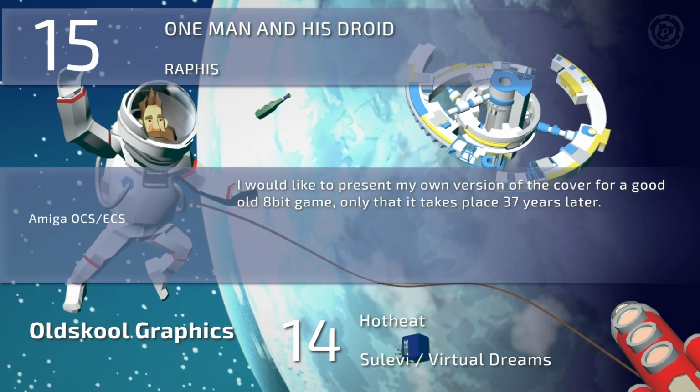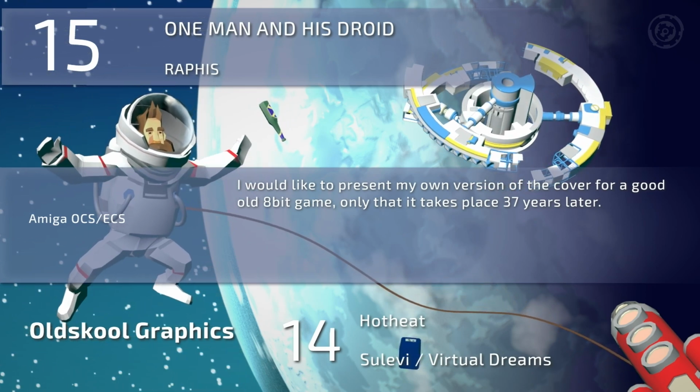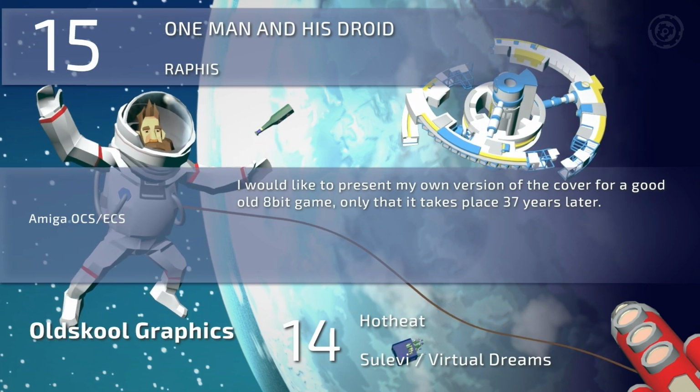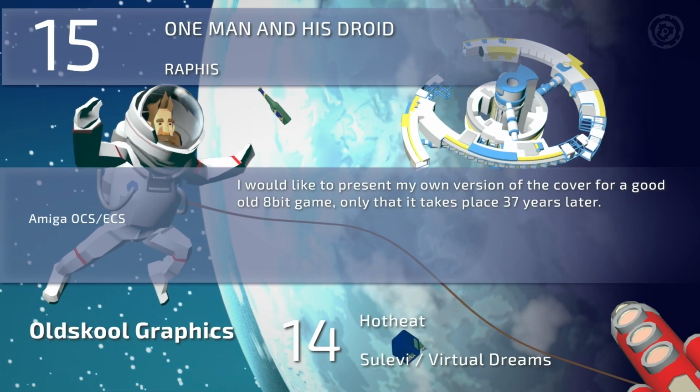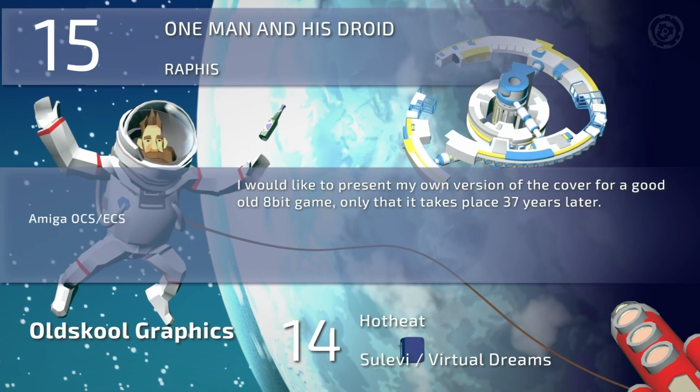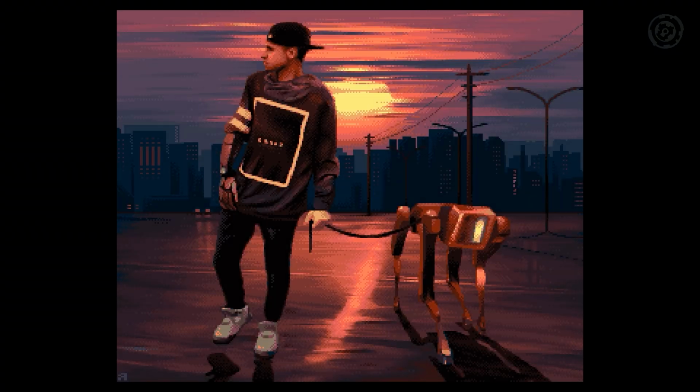Man and His Droid by Raphis, Amiga OCS ECS. Cover for a good old 8-bit game. Rather good music by Mr. Hubbard, too, in it. Oh, look, it's a fake dog. But at least this one maybe we don't have to have wrecked.